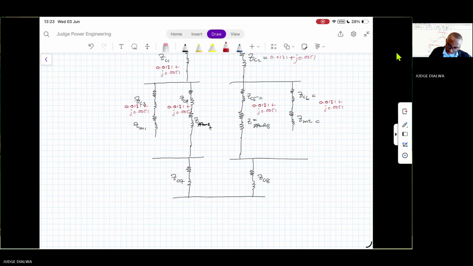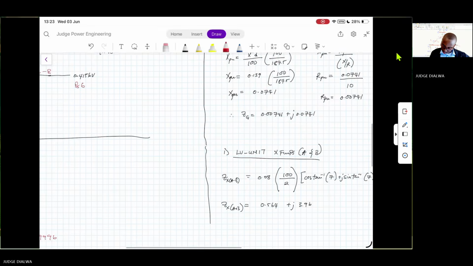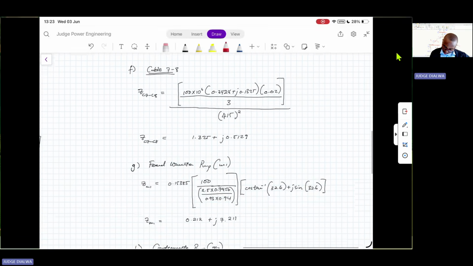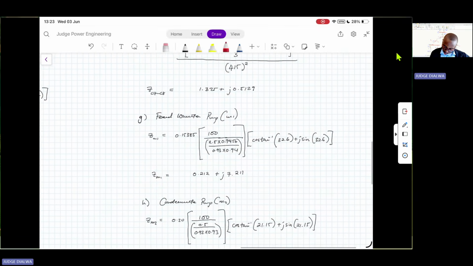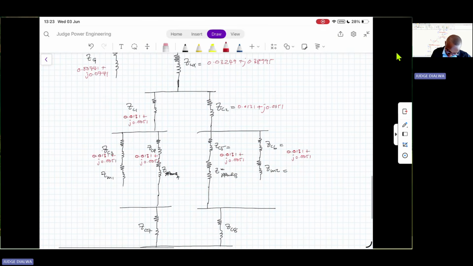Okay. And then now moving on to motor 1, the equivalent impedance of our feed water pump is 0.212 plus J 7.211. So that would be 0.212 plus J 7.211. Okay.